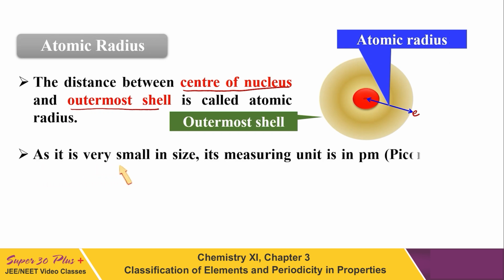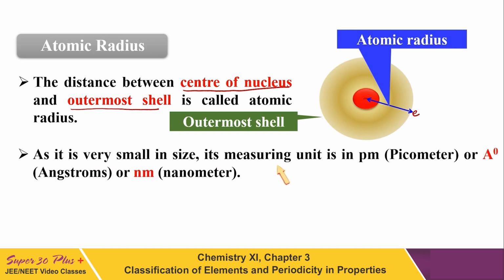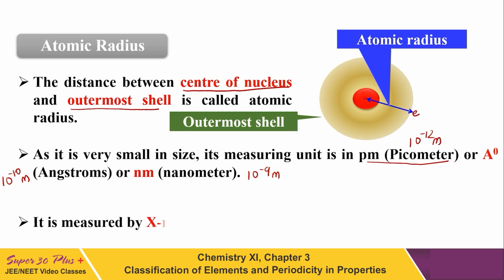It is very small in size, and it is measured in picometer. You know what is picometer? 10 to the power minus 12 meter, or the angstrom. Angstrom is 10 to the power minus 10 meter, and nanometer you must be knowing, 10 to the power minus 9 meter. So they are very small in size and are measured in these small units.